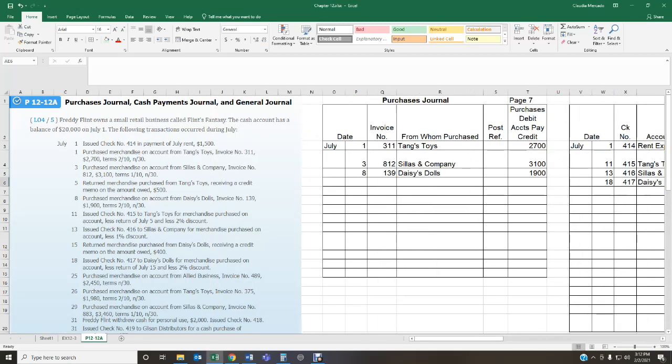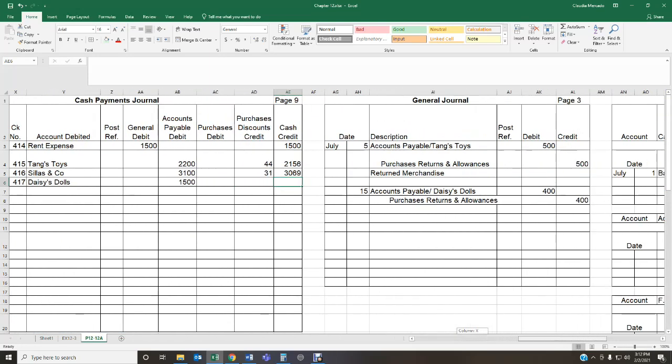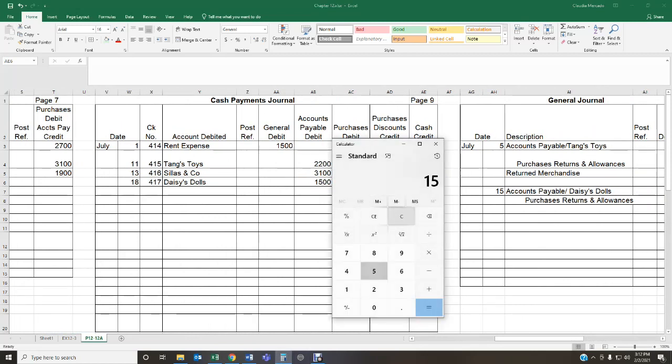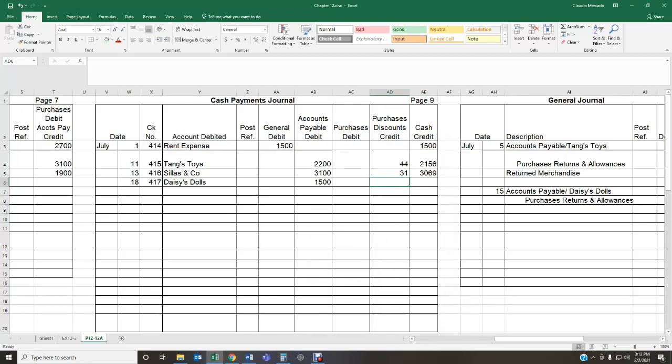All of these pop-ups, I hate it. Okay. So it says that we issued a check and then we had a 2% discount. So on the 18th, we have a discount, and that's going to be $1,500 times 2%. That will give me a $30 purchases discount.